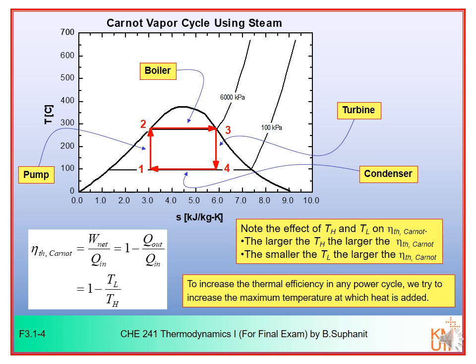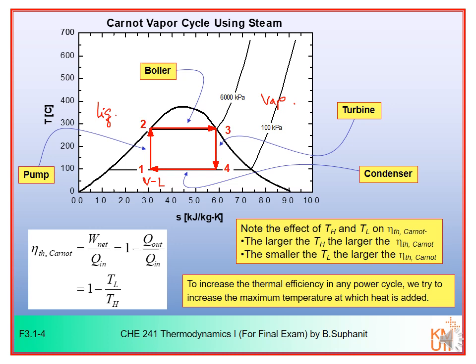You can see the area on the left hand side of the phase boundary will represent the liquid region. The area on the right hand side of the phase boundary will represent the vapor region. And lastly, the area under the phase boundary or the steam dome here will represent the vapor and liquid mixture region.